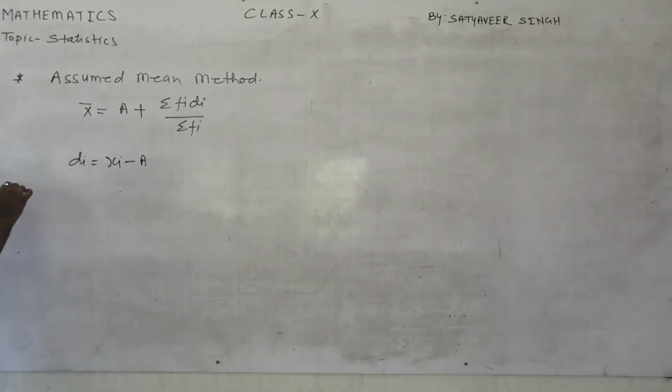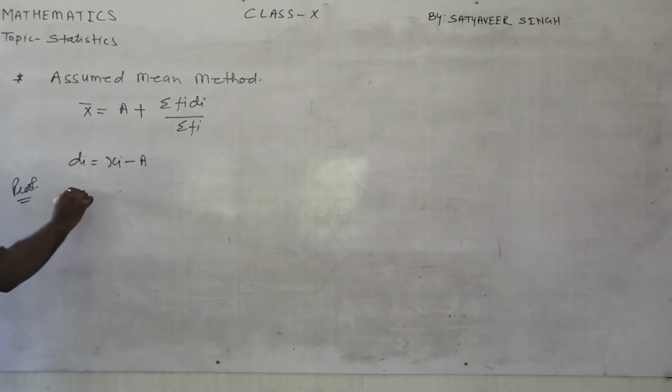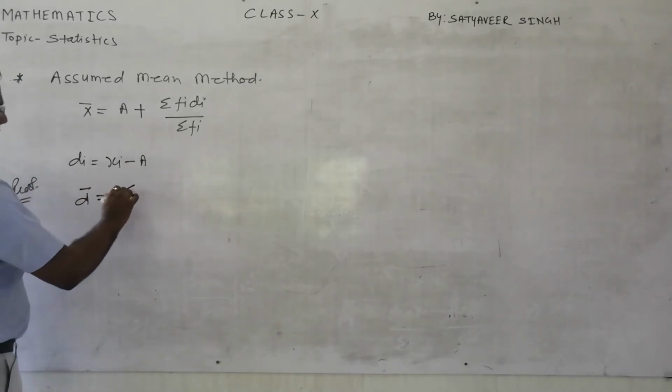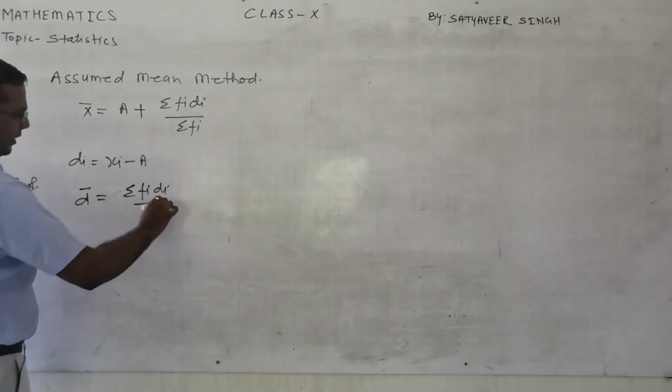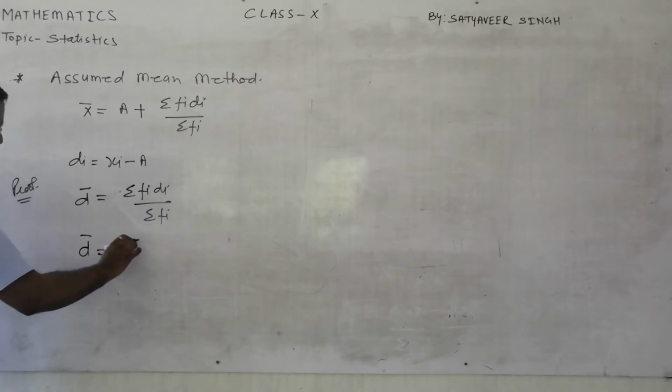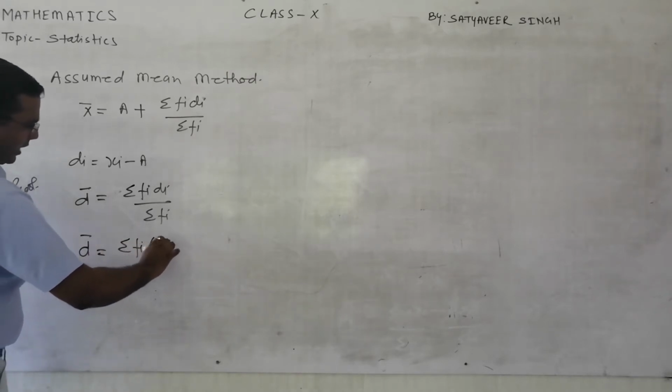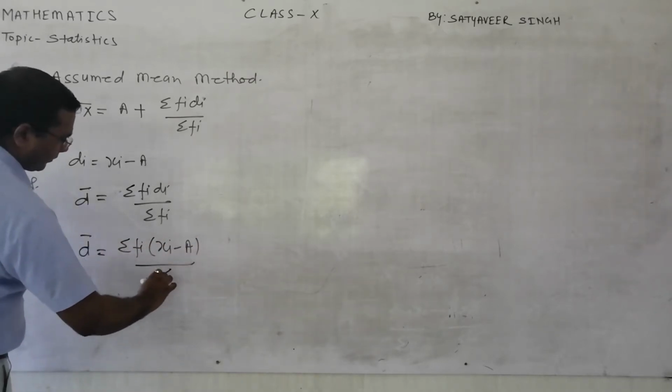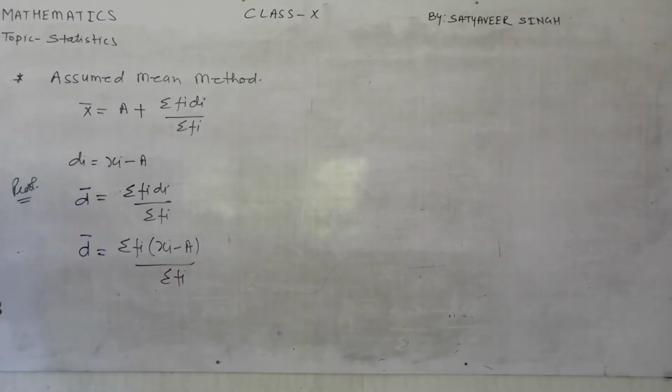And see the derivation of this formula. We can derive this formula because we know deviation is this. If you find the mean of the deviation, you will get d bar, which is summation fi di upon summation fi. Putting the value of deviation, it is summation fi into xi minus a upon summation fi.